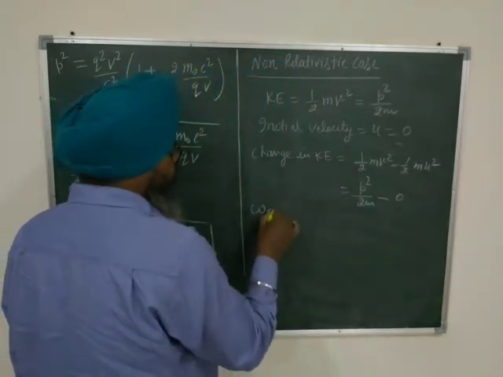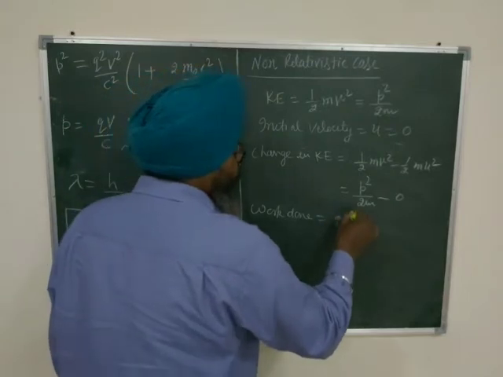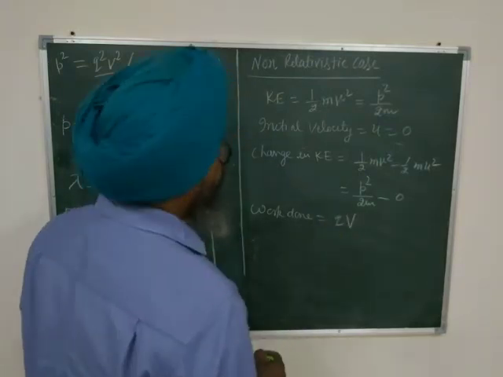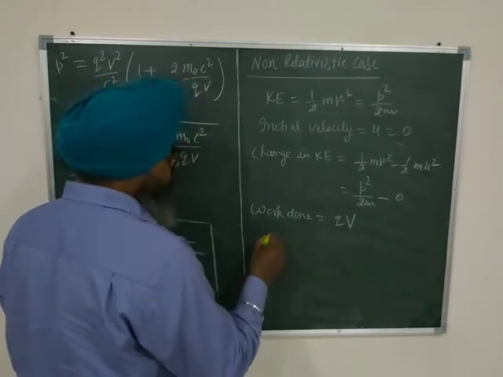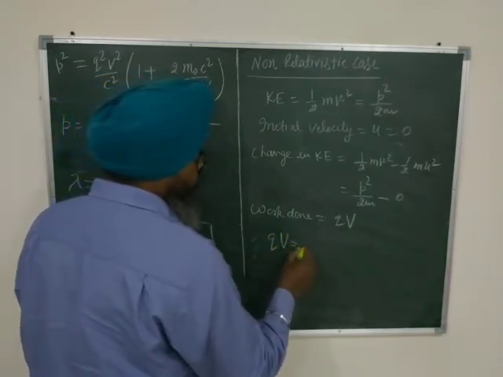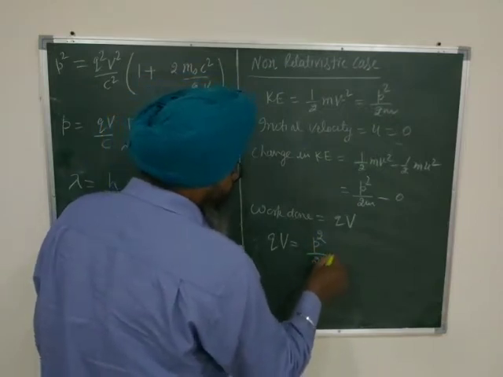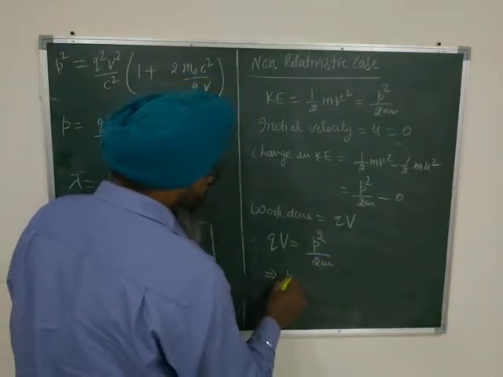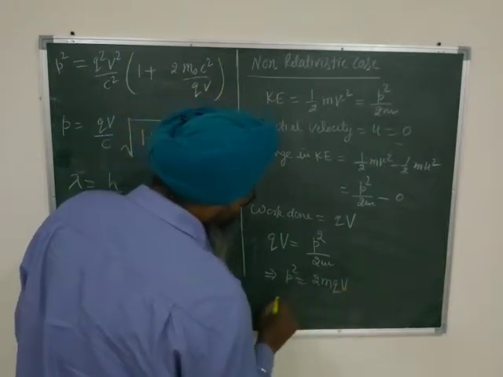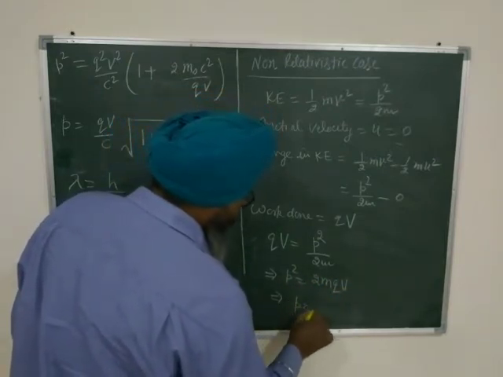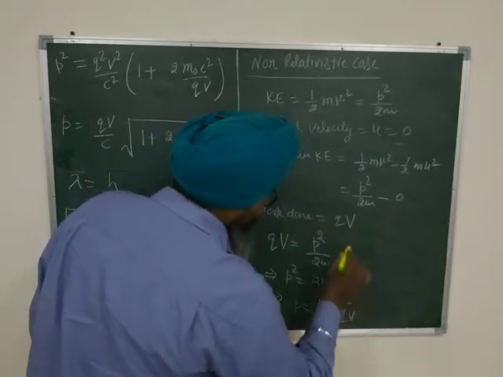And work done is given by charge into potential difference. If I again apply the work-energy theorem, according to which work done QV is equal to change in kinetic energy, that is p square by 2m, then I will get p square is equal to 2m QV, which in fact gives me p is equal to square root of 2m QV.